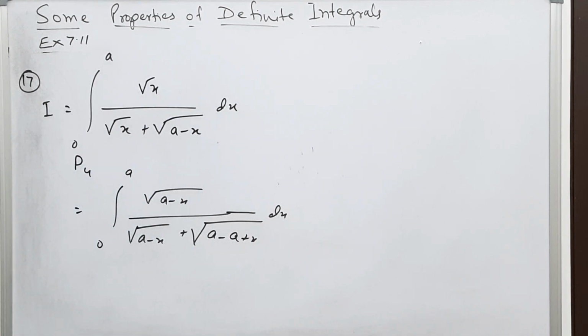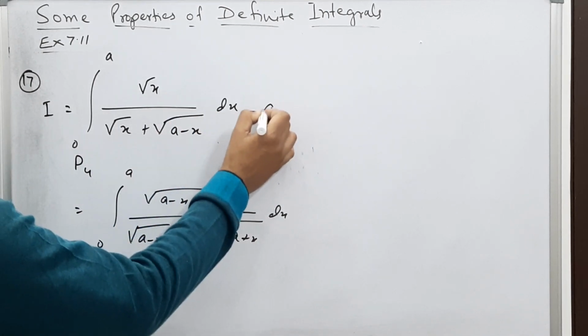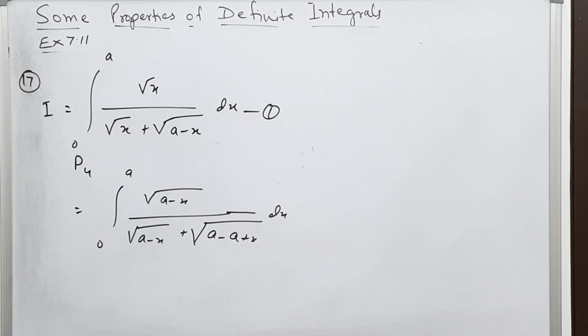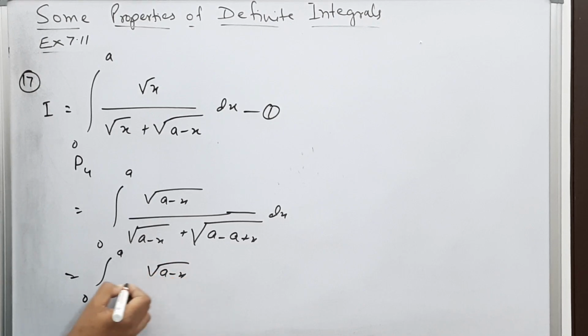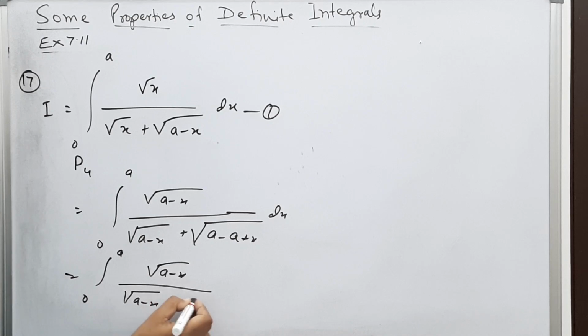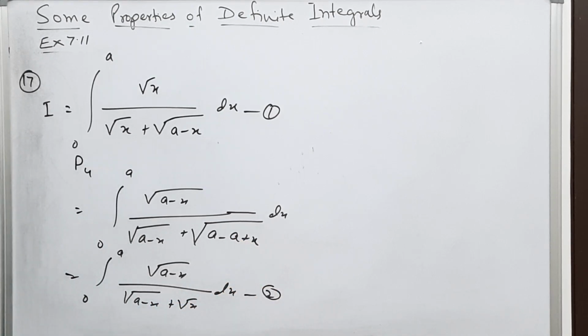See, that is the property number 4. First problem, as I told you, most of the sums are based on the property number 4. So next step is 0 to a, root a minus x upon root a minus x plus root x, dx. So this we can say number 2 and this is I.